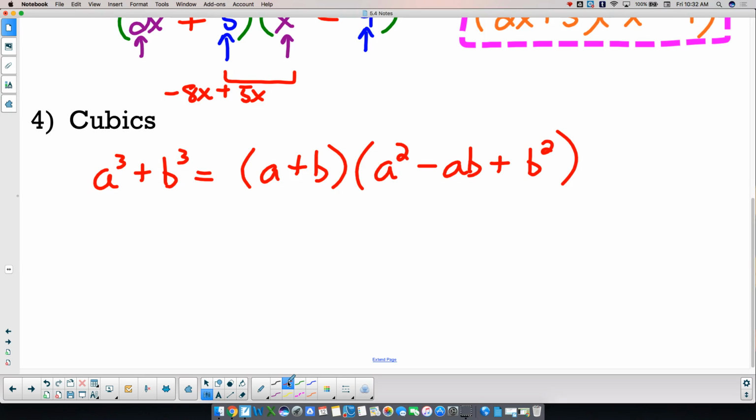The downfall with the cubic formula is that this trinomial here is not factorable. It's not factorable in the end. So when you apply the cubic formula, it's the last thing that you do.